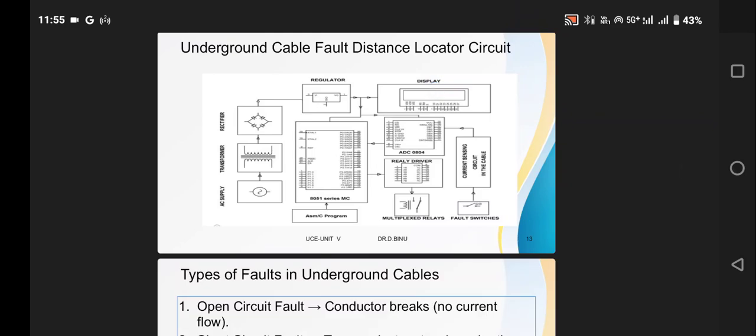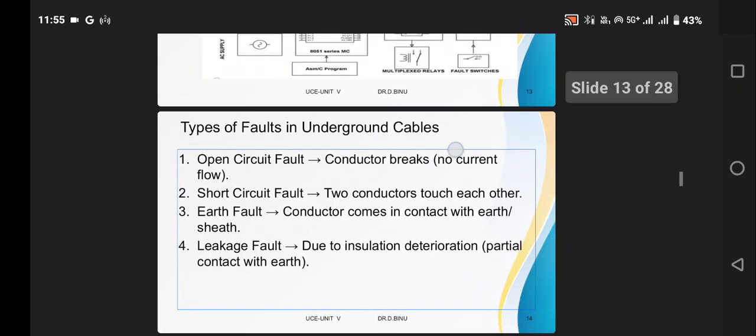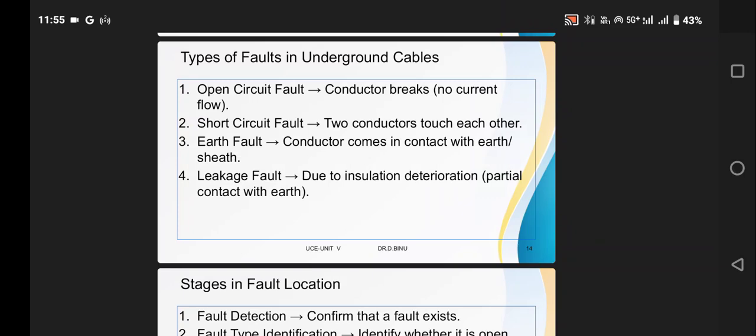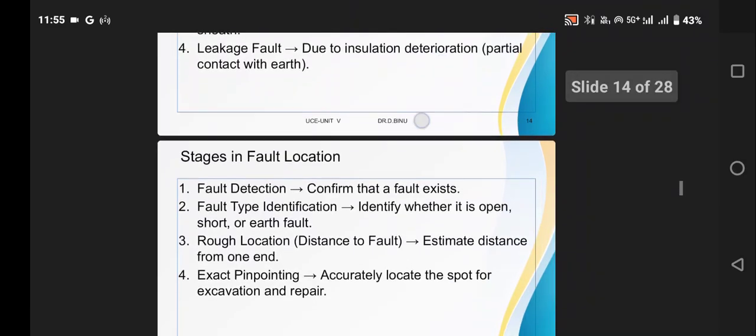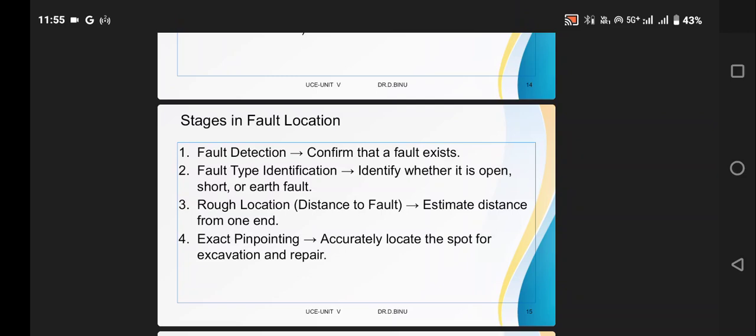The circuit diagram represents underground cable fault distance. The types of fault in underground cables are open circuit fault, short circuit fault, earth fault, and leakage fault. The various stages in fault location are fault detection, fault type identification, rough location, and exact pinpoint.